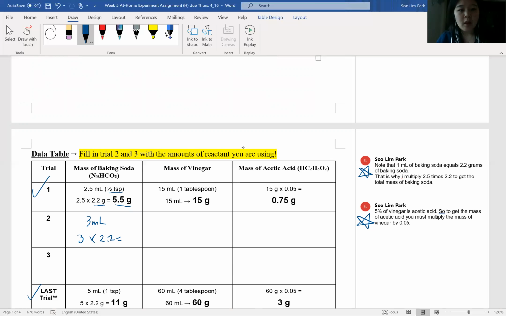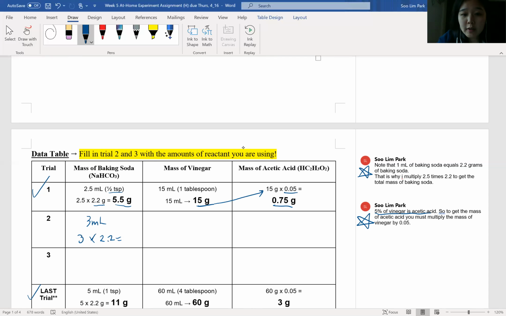All right, so I'm going to move on. I'm also going to explain how I got the mass of acetic acid here. If you remember from your pre-experiment question, I told you guys that 5% of vinegar is acetic acid. So in order to get the mass of acetic acid, you have to multiply the mass of vinegar by 0.05. That's why I multiplied the 15 grams by 0.05 to get 0.75.